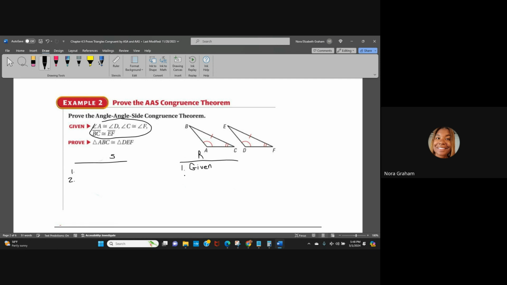Another thing I can notice, this is another theorem that was kind of way back, but I can also say that angle B is congruent to angle E, okay? I'm stating that these ones are congruent.